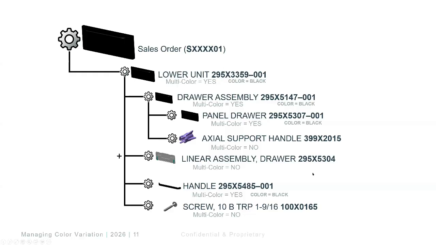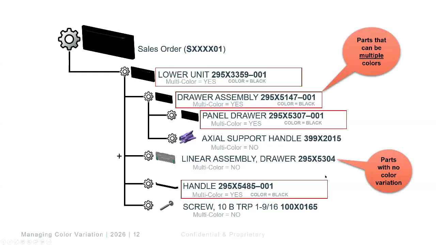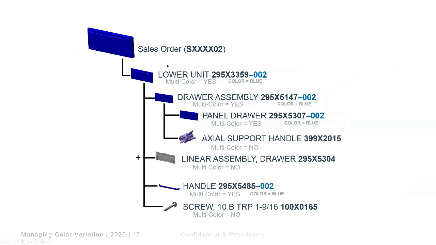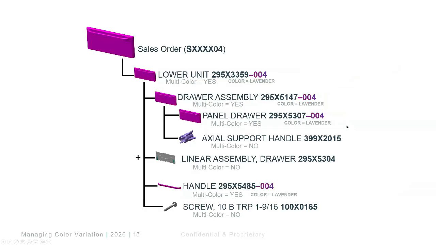So that's the black version. Now, when I look at the different part options in here, the ones highlighted in red are the ones that vary with a color. The other ones don't. If I have a blue, I have just different part numbers. If I have a red, I have a different part number, and a lavender, also a different part number.